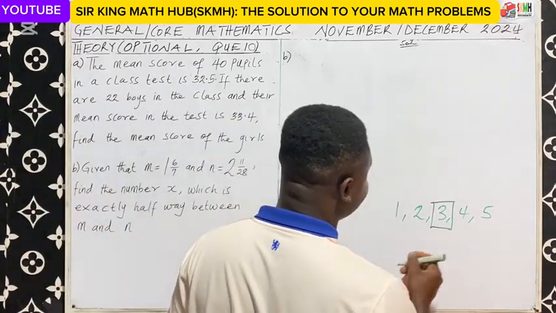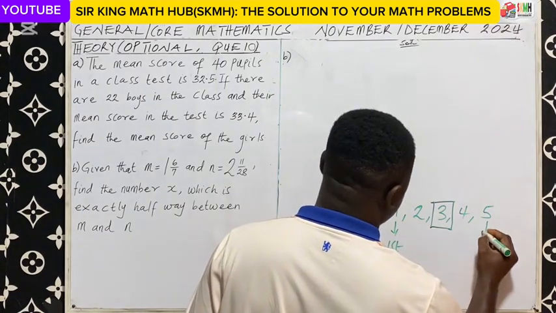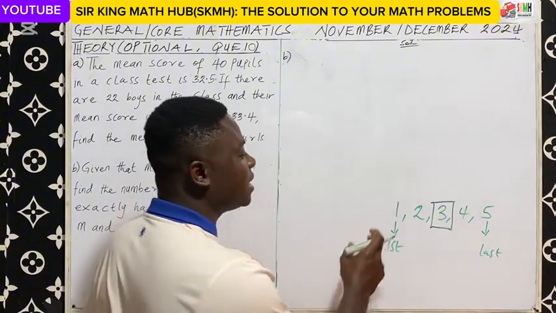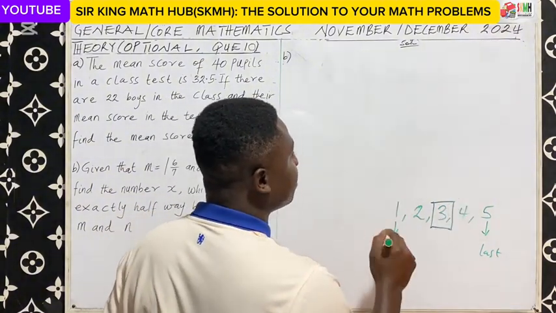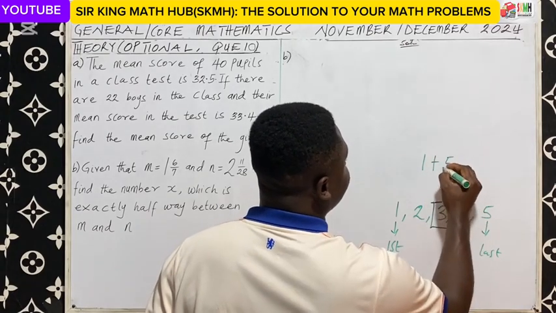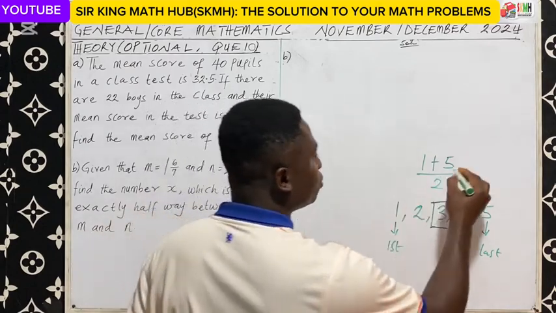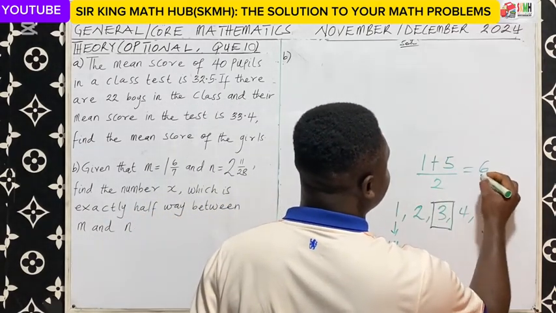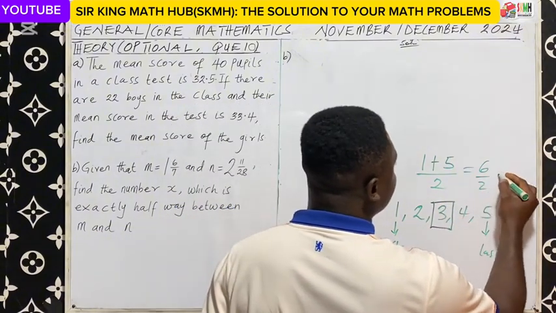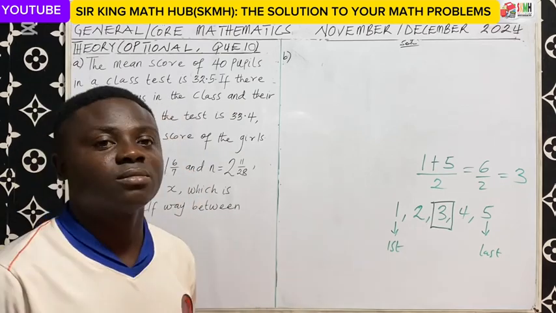Now, for the first 5 natural numbers, 1 is the first number, and then 5 is the last number. So now let's sum up the first number and the last number. So 1 plus 5. Then we divide the sum by 2. 1 plus 5, that is 6, then 6 divided by 2 can be simplified as 3. So what is the conclusion?